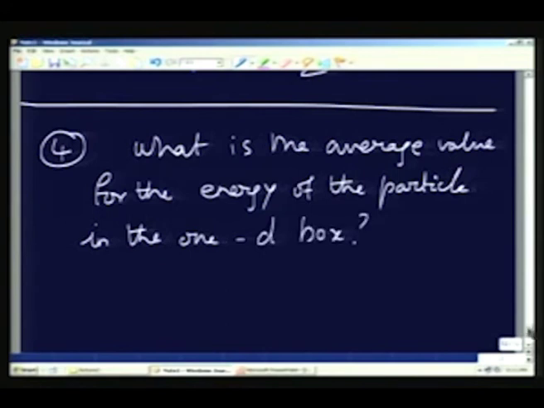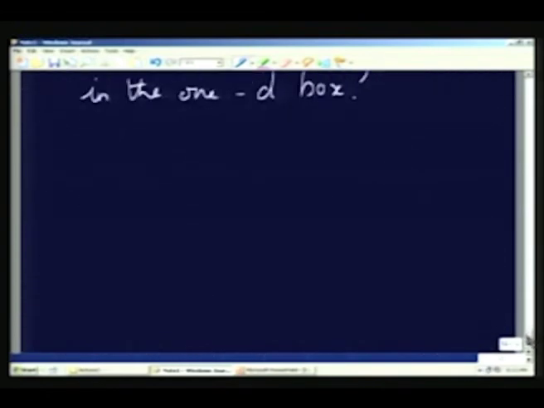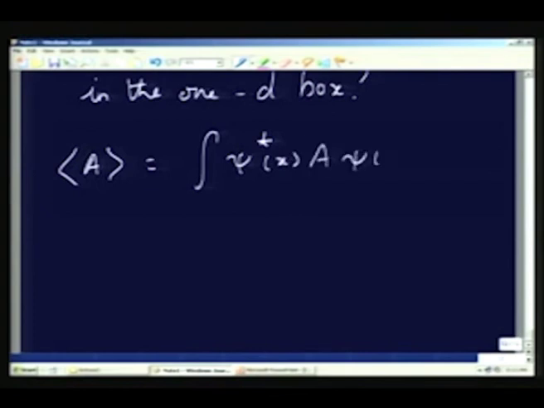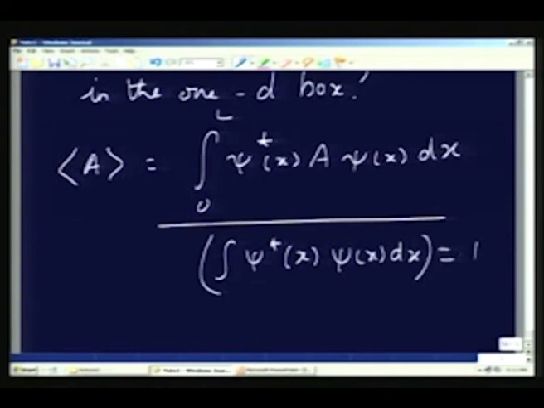Now, if you recall, our definition for the average value of A is the integral from 0 to L of psi star x A psi of x dx, because for the particle in the 1D box the denominator is, of course, equal to 1. Let us write this out anyway. This is anyway equal to 1.